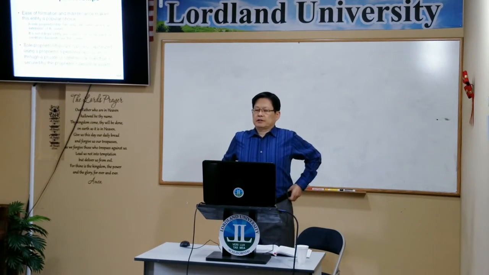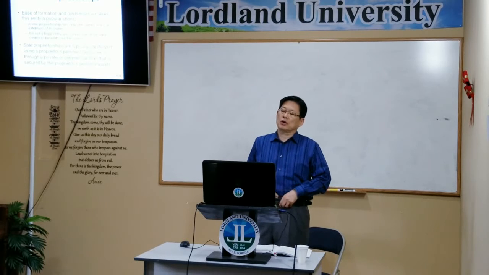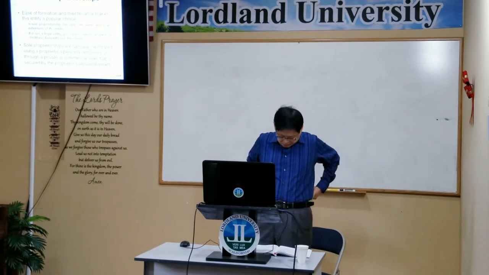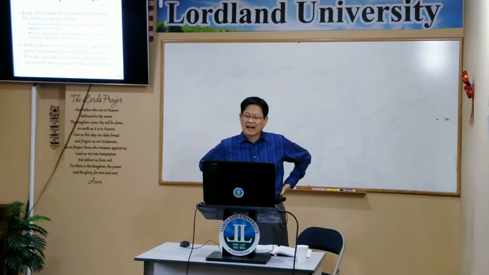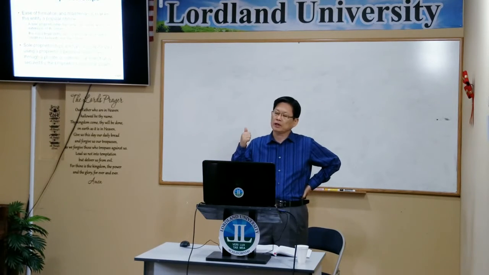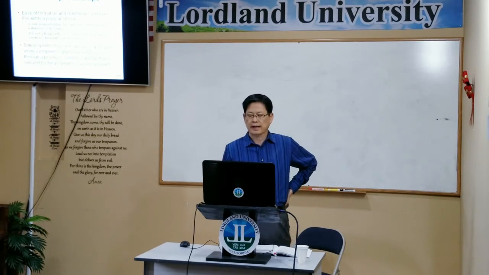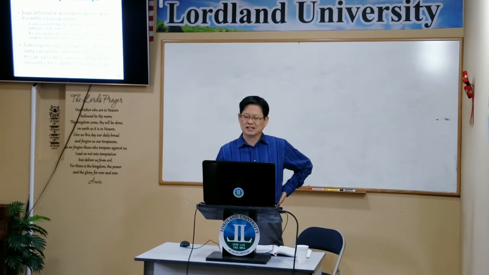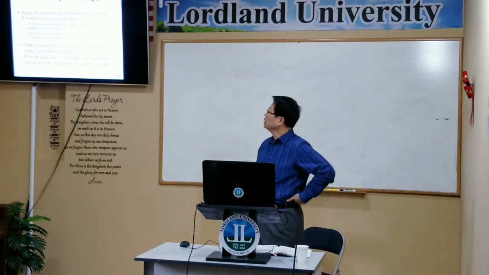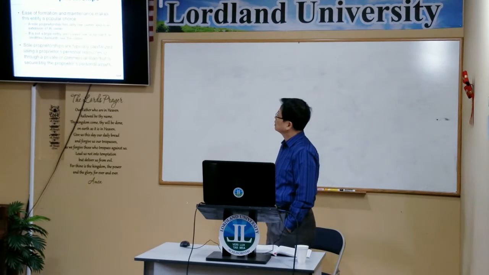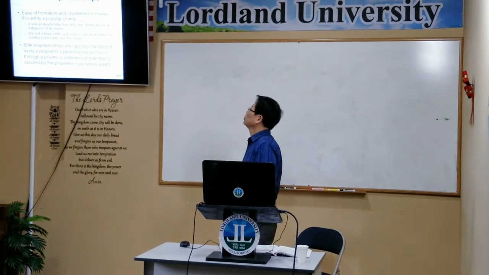The first type of business entity is the sole proprietorship. A sole proprietorship has only one individual owner, and it is an extension of its individual owner. It is very, very easy to form and very, very easy to maintain.